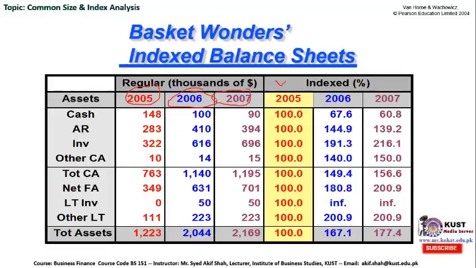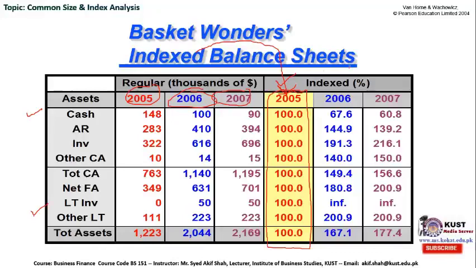year. So now we can see the difference between common size analysis and index analysis, or a trend analysis, is to select a base year. And in this example, we have selected year 2005 as our base year. Therefore, we have termed all the values of our base year into 100%. Like we have considered that cash value is 100, 100, 100 and 100, and so on with the rest of the assets of the company.